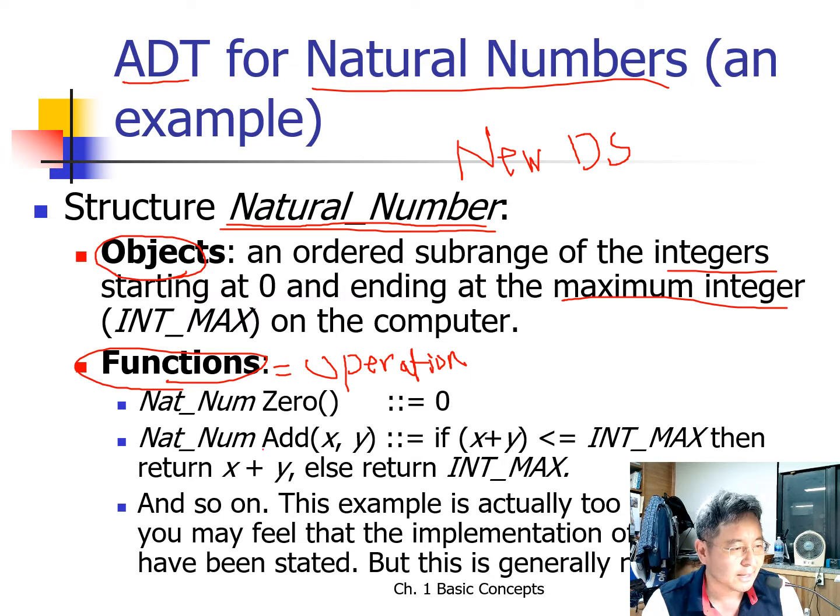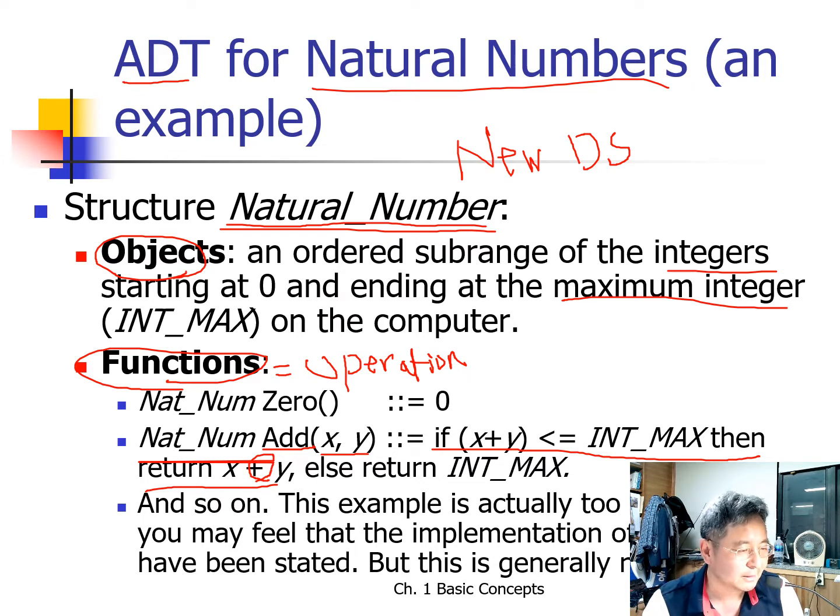That is addition, add here. NaturalNumber add, and the parameters of this operation are x and y. This is the definition of this operation, the addition operation.